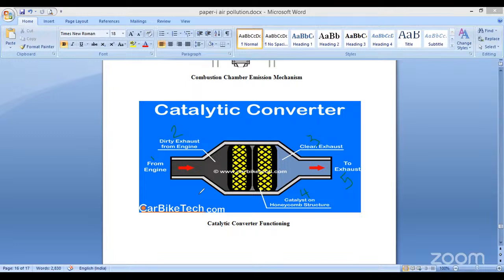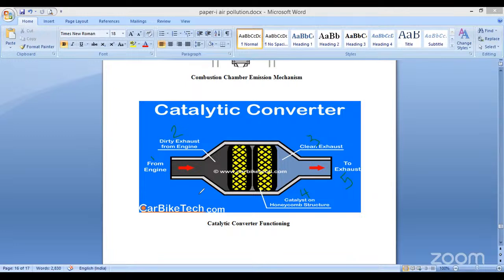When the dirty gas and the incomplete combustion reactions come directly exhausted from the engine, which I mentioned with the black color, they enter into a catalytic converter. There is a honeycomb structure, and those are the catalysts. Catalysts cannot directly participate in the reactions, but they will speed up the reaction.